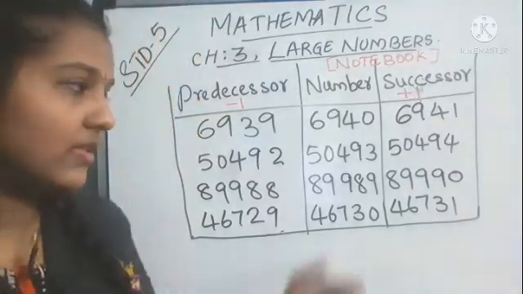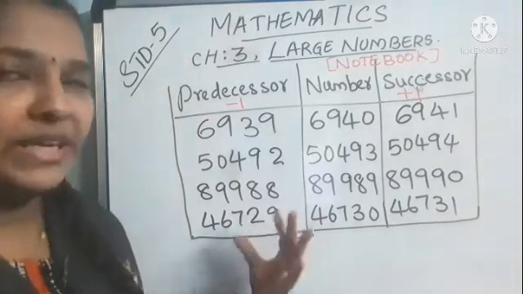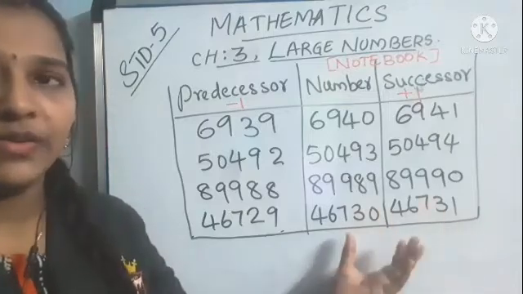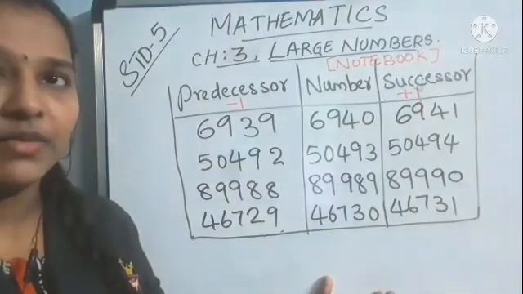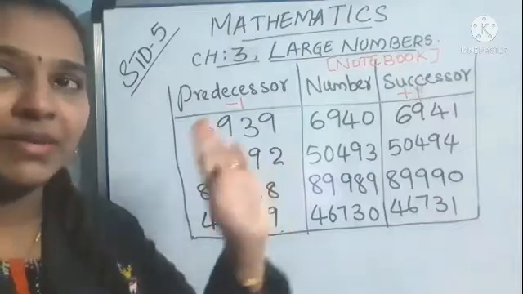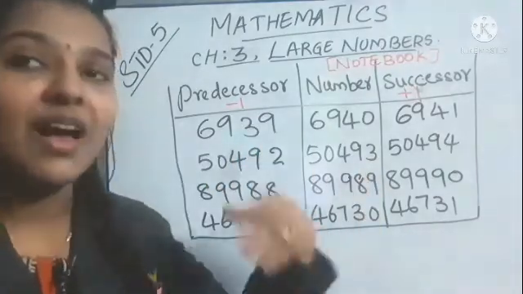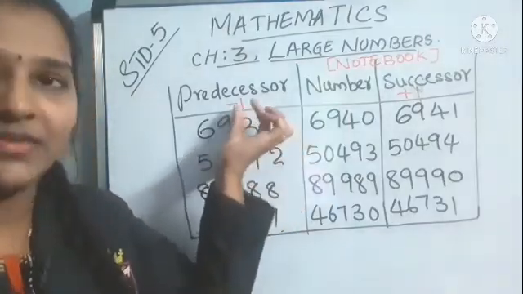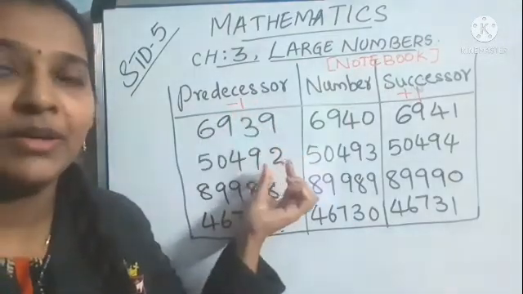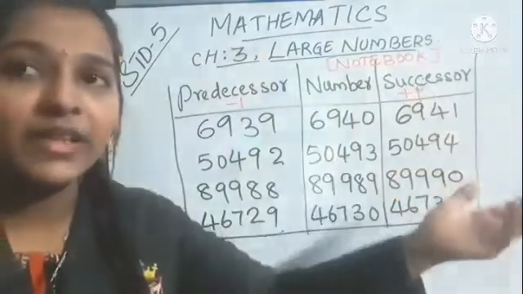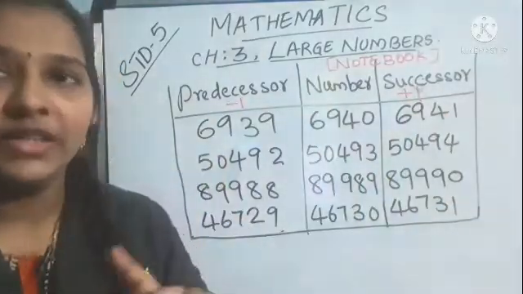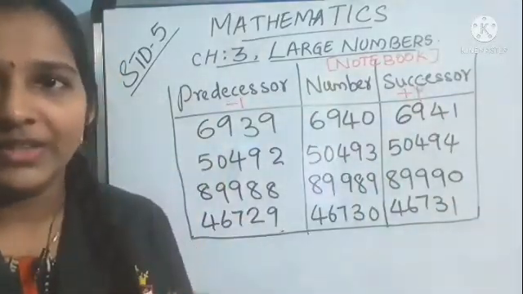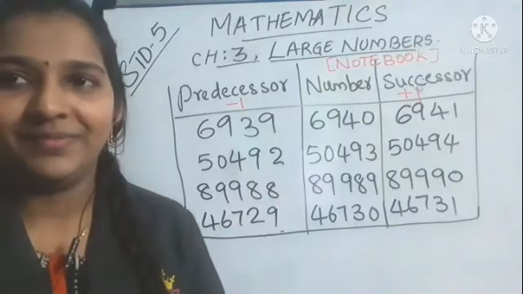Okay, children, so this is the way to write the predecessor and successor of a given number. Okay, always remember, predecessor means before number, successor means after number. To get the before number, we can subtract 1 from the given number. To get the after number, we can add 1 with the given number. Got it, children? Okay.